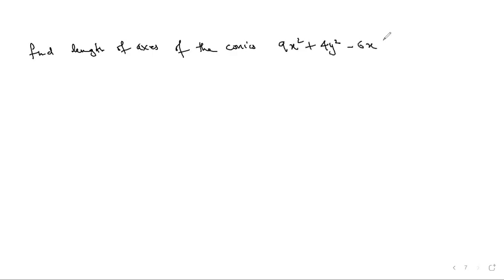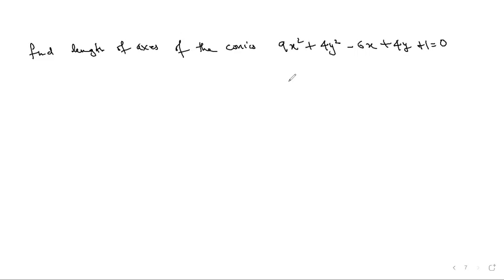Okay, find the length of the axis. When you say length of the axis, it means the length of the major axis as well as the length of the minor axis, of the conics. What do you mean by conics? Ellipse, parabola, hyperbola, whichever it is. 9x square plus 4y square minus 6x plus 4y plus 1 equal to 0.